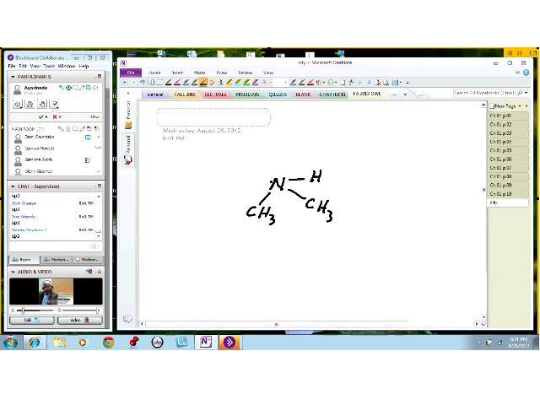Okay, you guys are right. You say sp3. Why do you say it is sp3? Excellent. It has a lone pair of electrons, and keep in mind that lone pair of electrons should be considered an atom. Therefore, this is an sp3 atom right here.